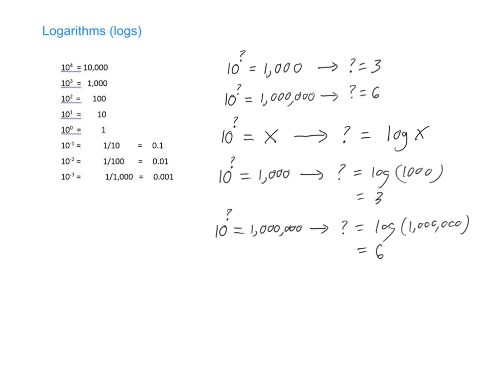So once again, if I say 10 raised to what power would give me your favorite number x, the answer is that power must equal log of x. Or in other words, 10 raised to the log of x must equal your favorite number x.